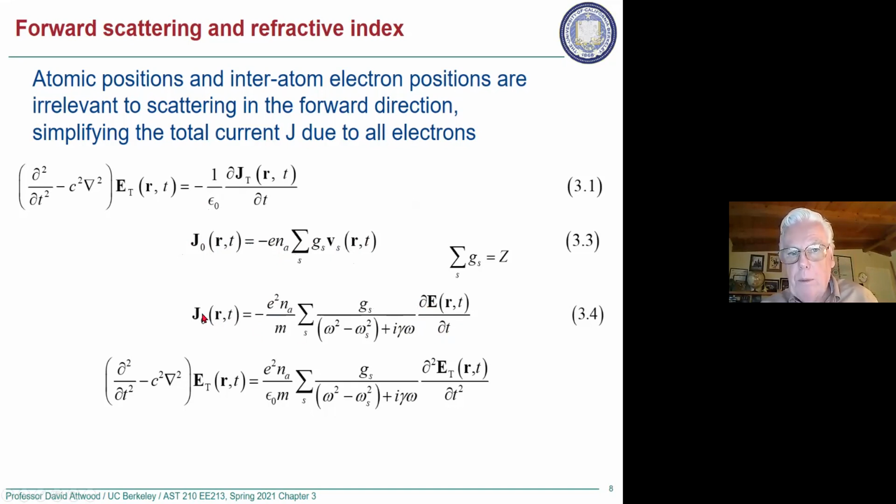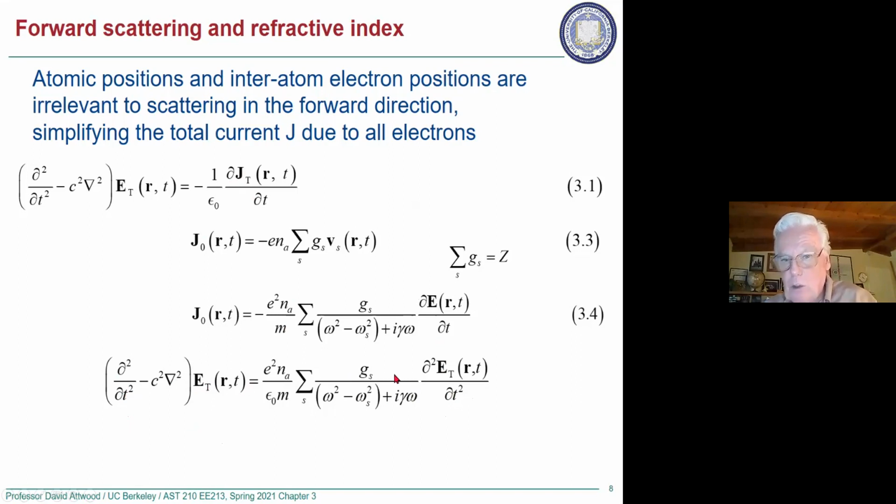So now we're going to put this current density in here. And it already has one partial with respect to T, and there's another here. So when we put this into the wave equation, the transverse wave equation, this is what we get. And we see that there's an operator here which has both the time squared derivative and the gradient derivative acting on the electric field.